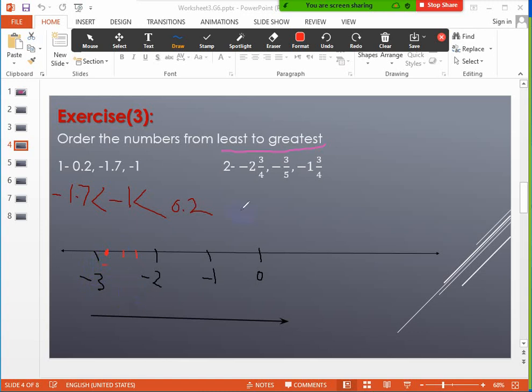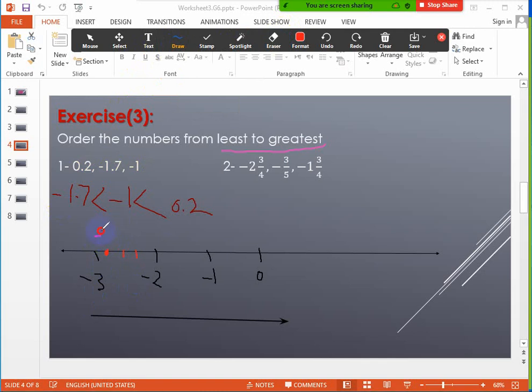Look, I have negative 2 and 3 over 4. This is a mixed number. It will be between negative 2 and negative 3, after negative 2 by 3 over 4. That means I have to divide this distance into 4 equal parts and choose 3 parts of 4. So I have to jump 3 parts. 1, 2, 3. This point is negative 2 and 3 over 4. I will write it up.